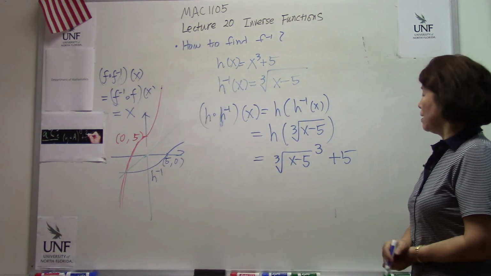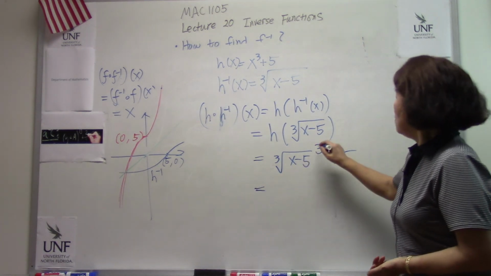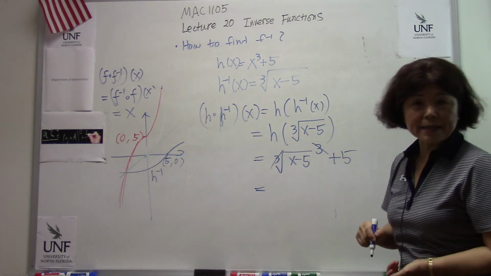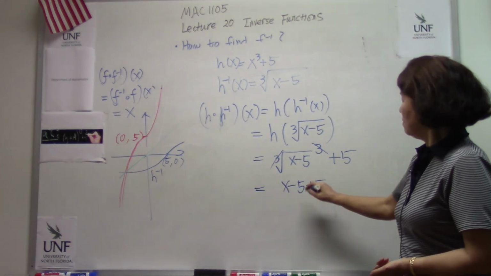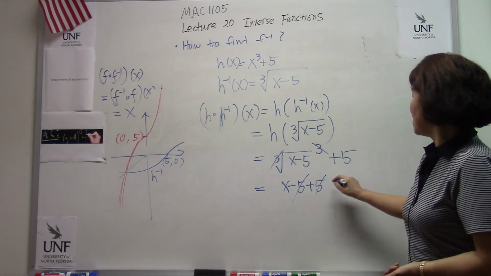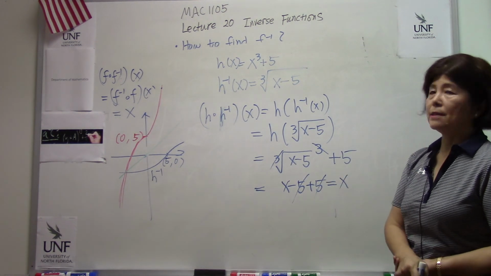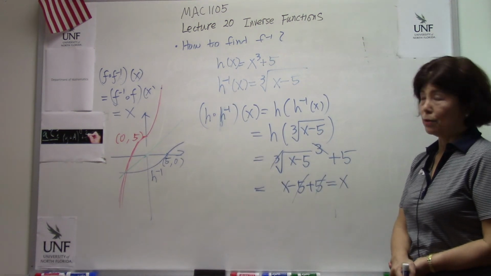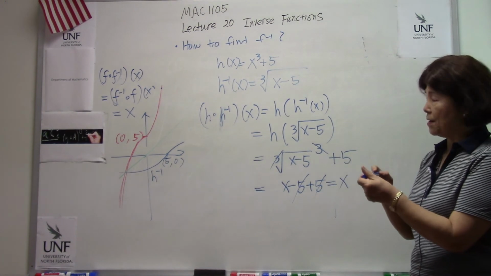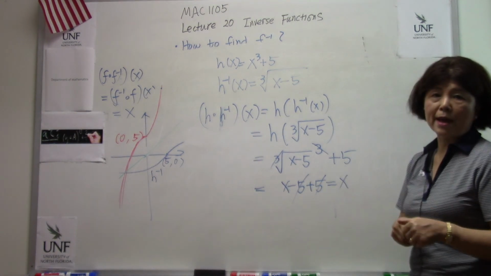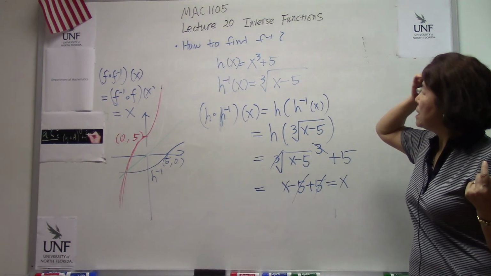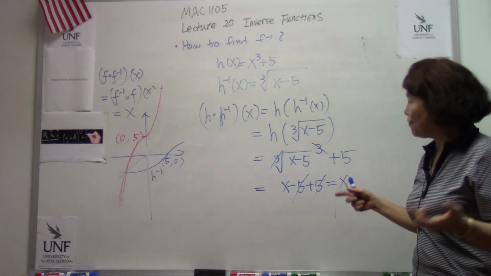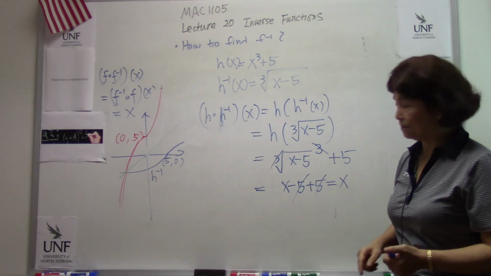Here we go. The cube and the cube root cancel. Now you have x minus 5 plus 5. Plus 5 minus 5 cancels. So this is x. No exceptions. Once we compute the inverse function, this is one way to verify that what you did is right.